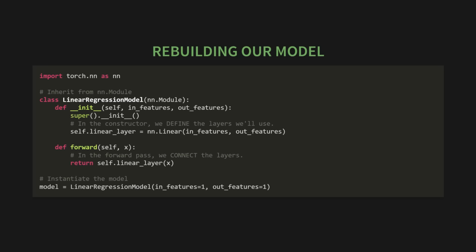We'll create one, self.linear_layer equals nn.Linear with in_features and out_features. Now, in the forward pass, this is where we connect the layers. We just return self.linear_layer applied to our input x. Finally, we instantiate the model. model equals LinearRegressionModel with in_features equals 1 and out_features equals 1.